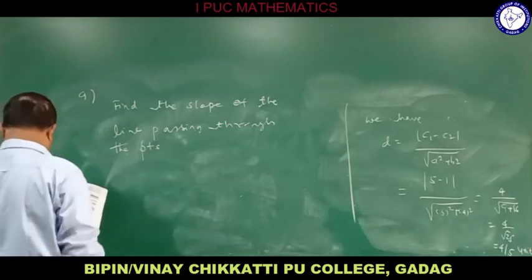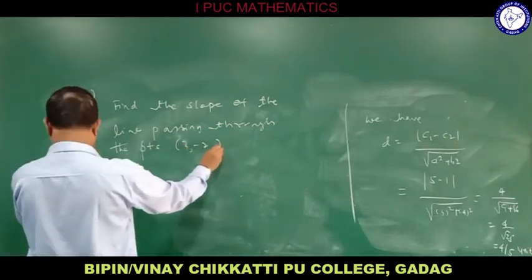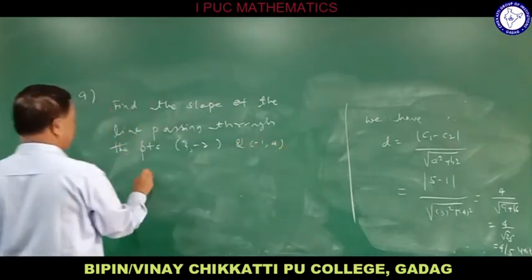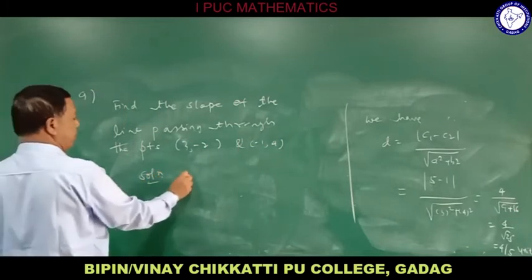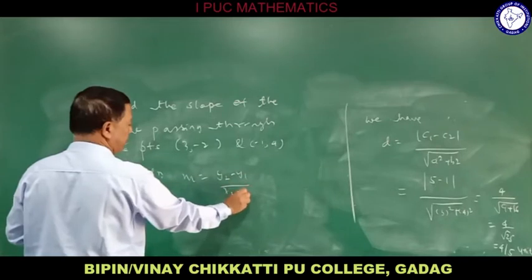And which are the points here? You see that 3, minus 2, and minus 1, 4.